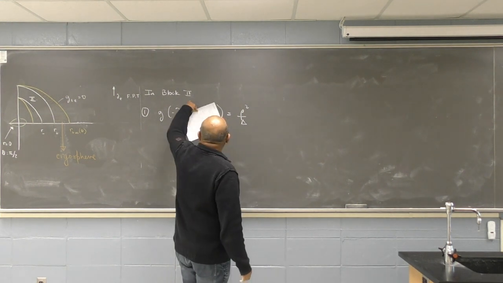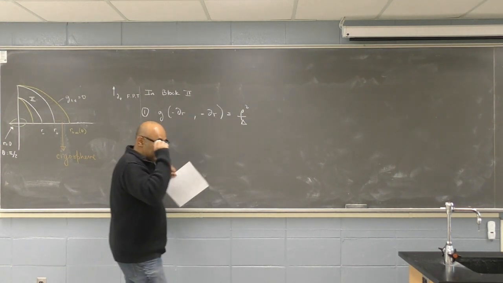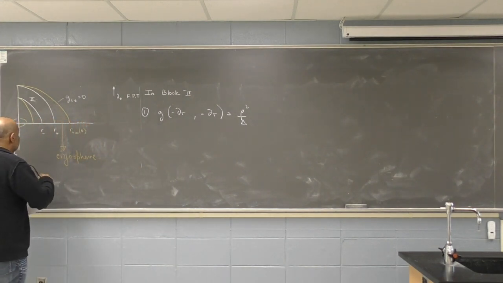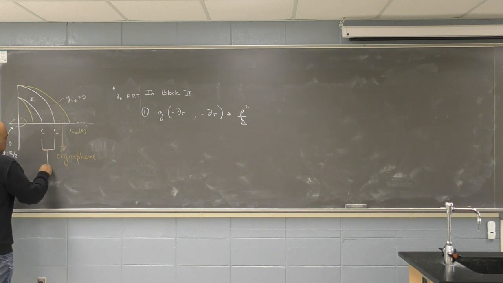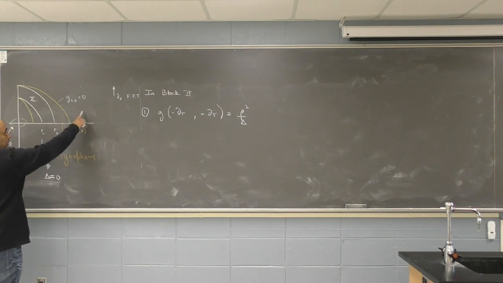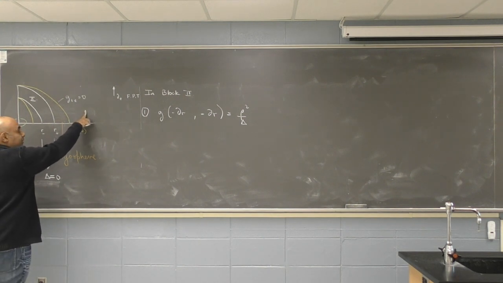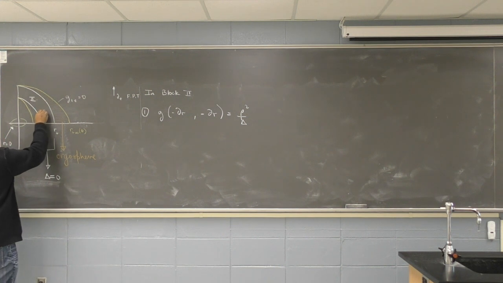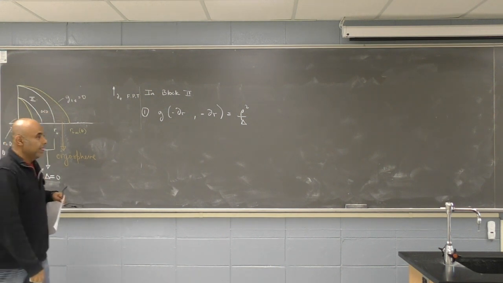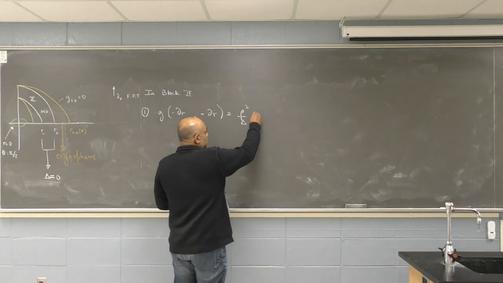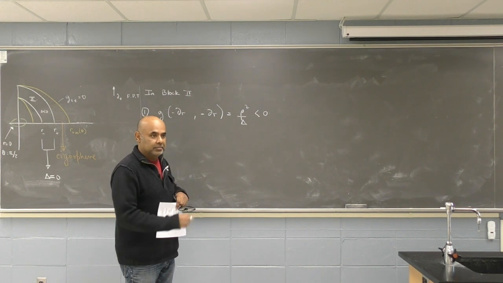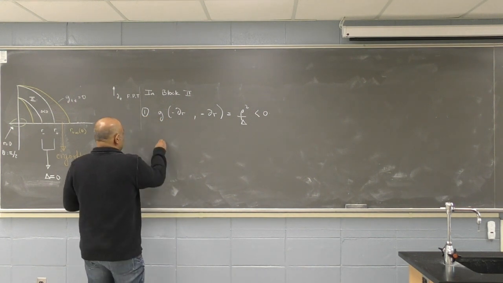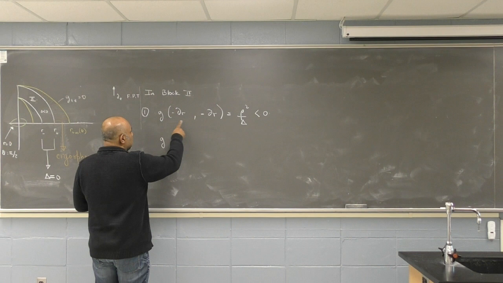But we have reached block 2. These two boundaries are defined by delta equal to 0. Here delta is greater than 0, so you can imagine what delta is over here. So this is less than 0. Okay?